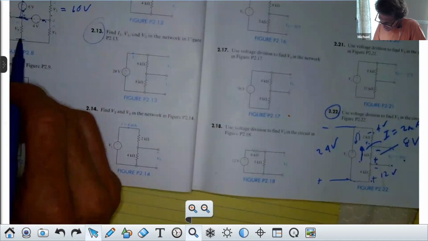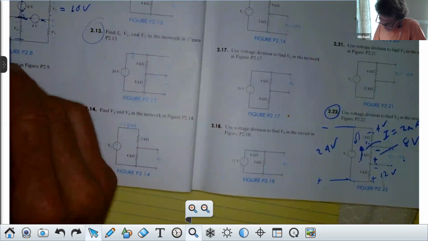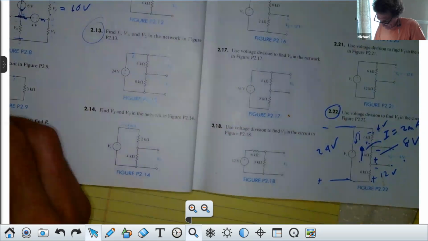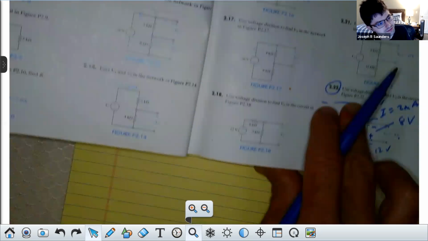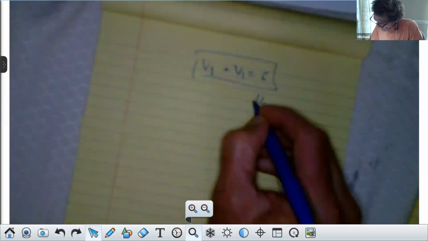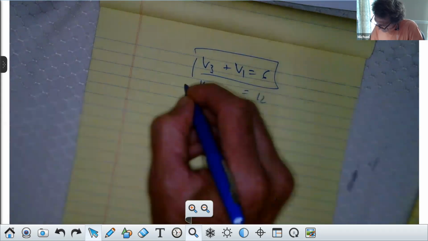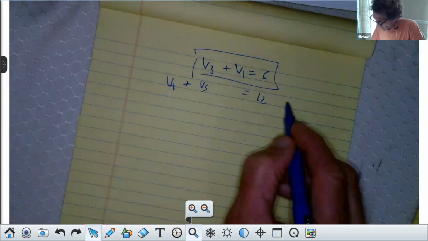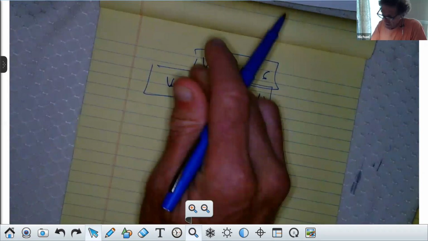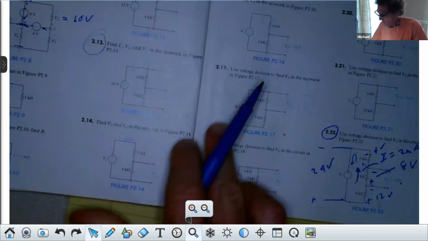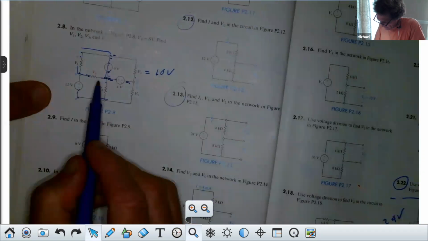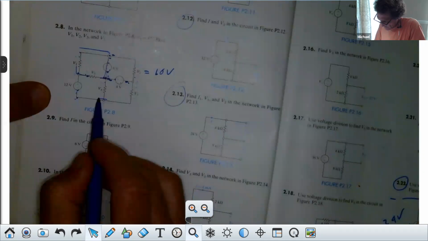I'm going to say an increase of V4, then an increase of V3 is 12, right? So I put 12 equal to V3 plus V4, right? That's this loop right here. Agreed? Yes.